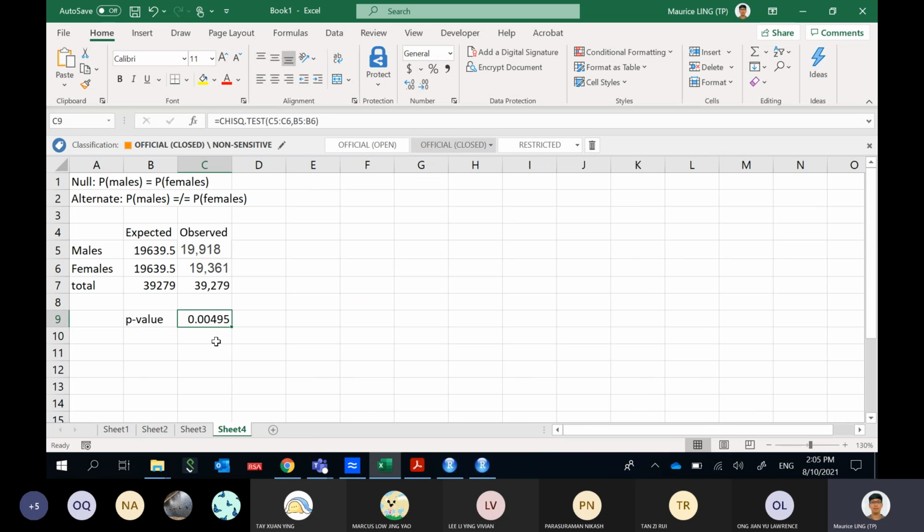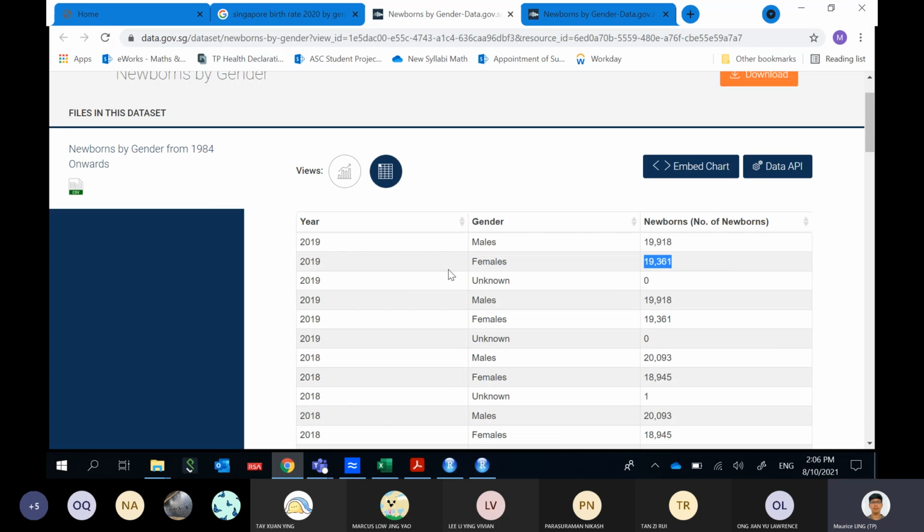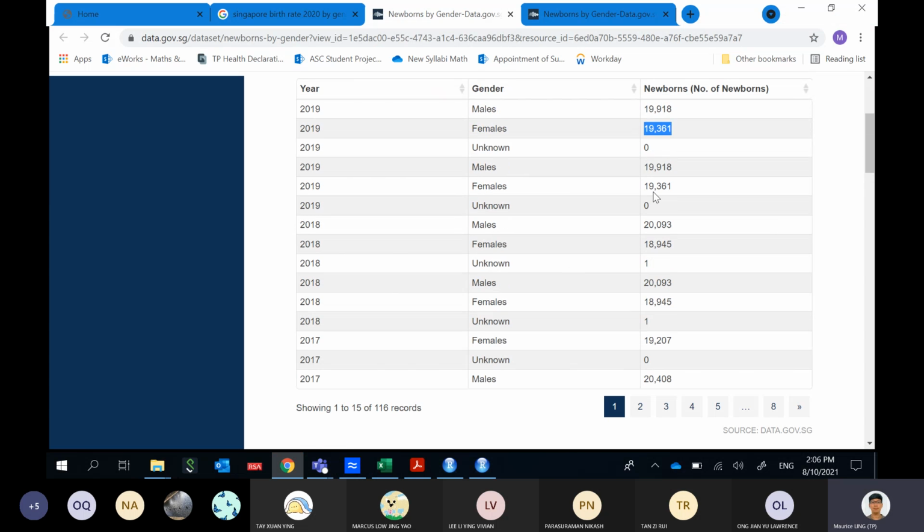So in this case, do you accept or reject the null hypothesis? The conclusion is you reject the null hypothesis of equal proportion of males to females at birth. This is quite a good piece of information if you really want to go and find out.